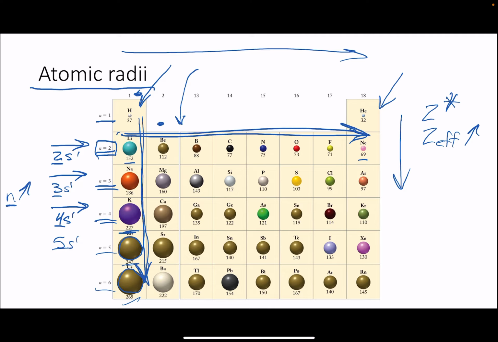You can do this for any of the rows in the periodic table. So this is to say that we expect that the effective nuclear charge will increase as we go from left to right in the periodic table, and this will show that for the same n value for the valence electrons, we can establish a trend in the atomic radius.